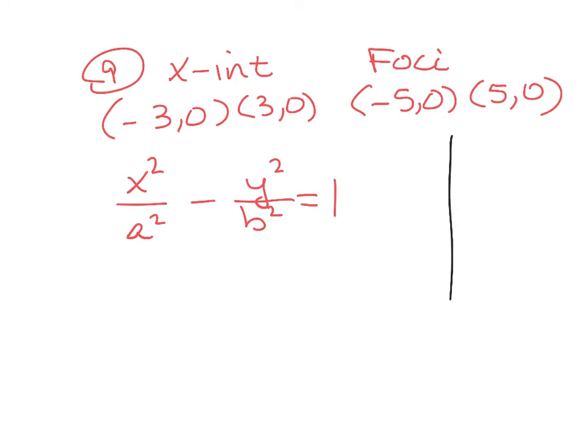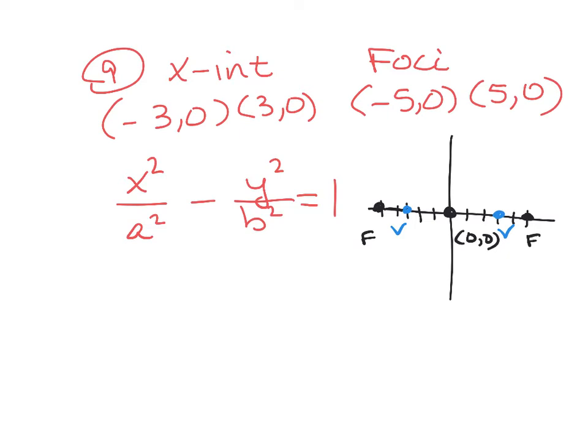Again, if the little graph helps you, you can quickly do a rough sketch here and put your focus points here at negative 5, positive 5. Your x-intercepts are actually your vertices because the center is here at 0, 0. This x-intercept is a vertex, and these are foci.